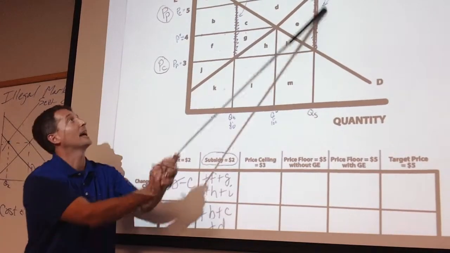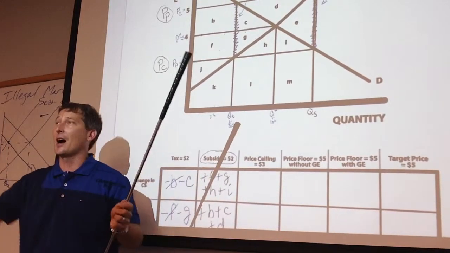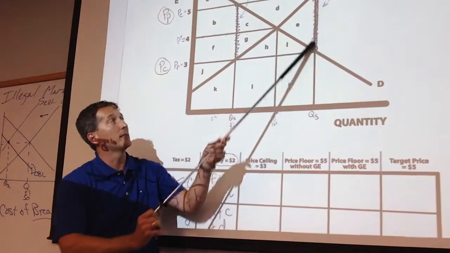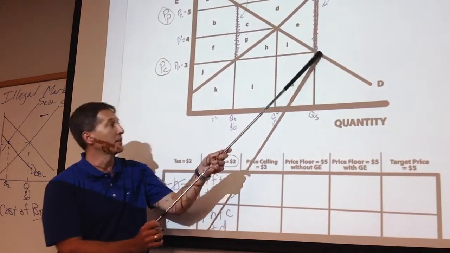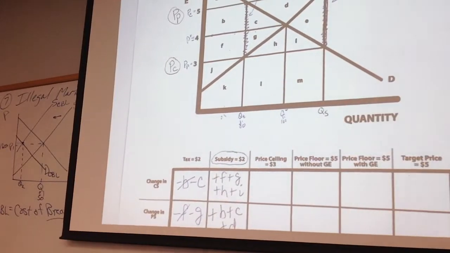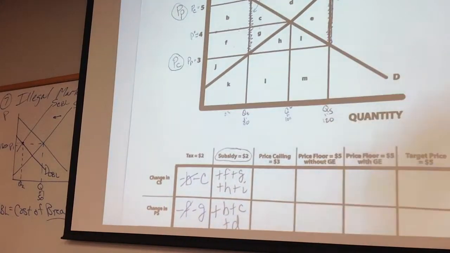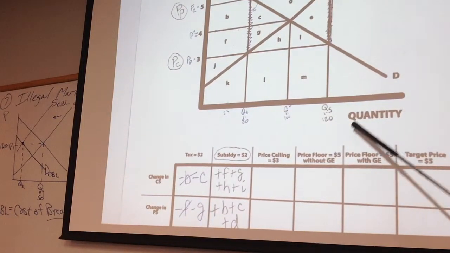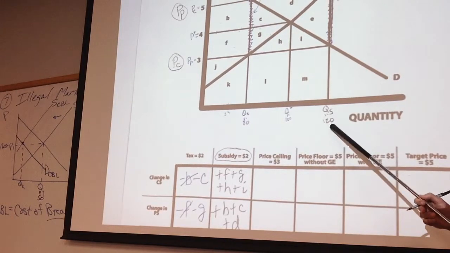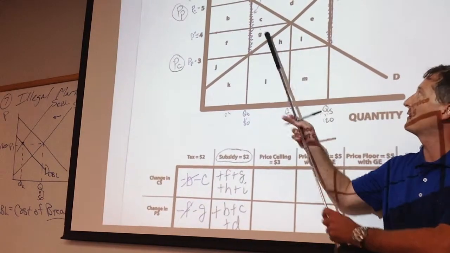That's the whole thing. If you look back at your notes, we just want to think conceptually now, how much is the government spending on this program? Well, they're spending $2 for every unit. How many units are going out? QS. Let me put a number on QS here. Let's say it's 120. So if the quantity being sold is 120, the government is shelling out $240 on this program. That's represented by areas B, C, D, E, F, G, and H.